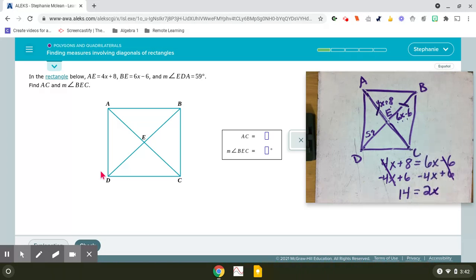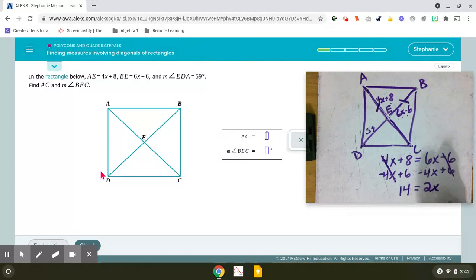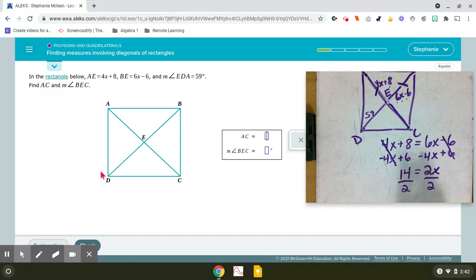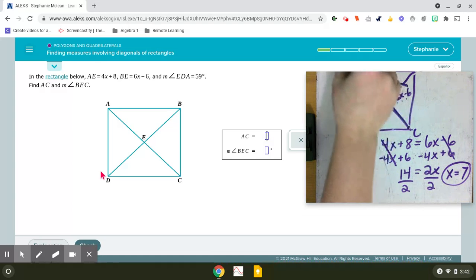Then I divide by 2. x equals 7. So I know x equals 7, but we need to figure out the length here.